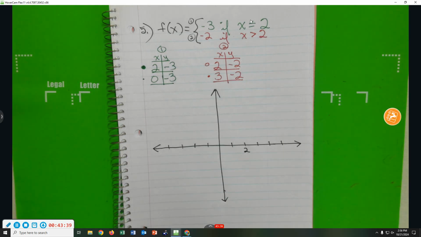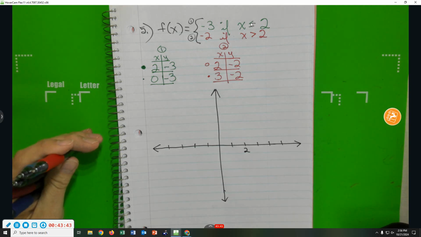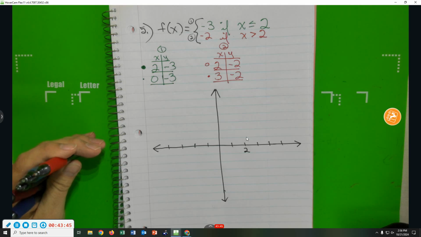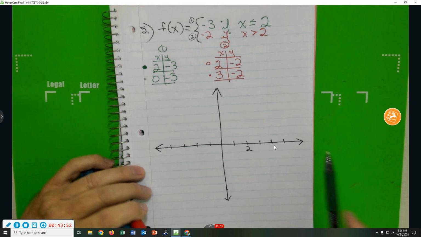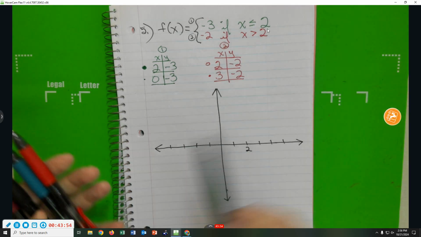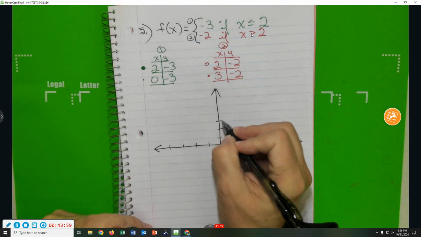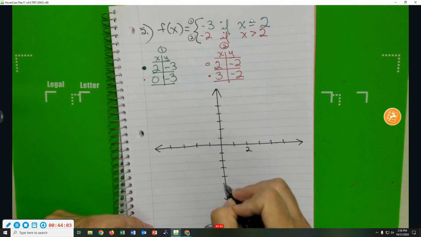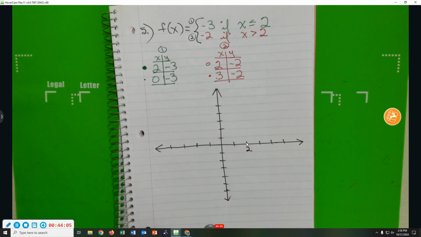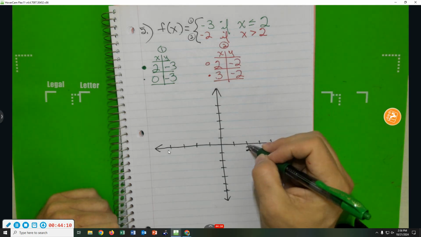Yeah, you should have. But look, what I wanted to point out was the little arrow, the way it's pointing. It's pointing to the left of 2, and the red graph is going to be pointing to the right of 2. I had a student once ask me, will it always point? Yeah, it's pointing that way to the right of 2. Here it's pointing to the left, so it's to the left of 2. So at 2, -3, we have a regular closed dot.